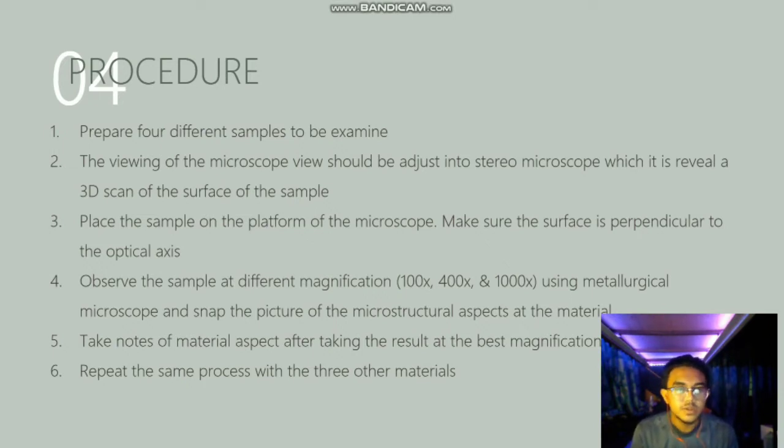Take notes of material aspects after taking the result at the best magnification. And the last one, repeat the same process with the 3 other materials so that we can gain a different type of result from different material.